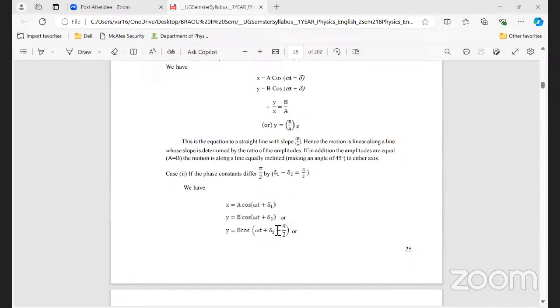These are going to differ by a phase of 90 degrees, which means delta 2 may be written as delta 1 minus pi by 2. Is it clear? From this equation only, delta 2 equals delta 1 minus 90 degrees, which is pi by 2.